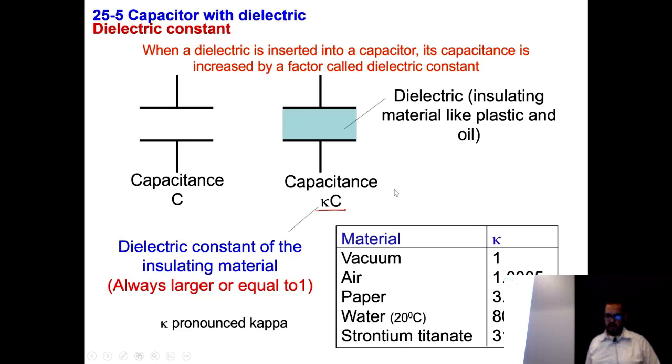For vacuum, it's 1. For air, it's 1.0005. Paper, it's 3.5. Water, 80.4. And strontium titanate is 310. So you can see, by introducing strontium titanate, you can multiply the value of the capacitance by 310 times.